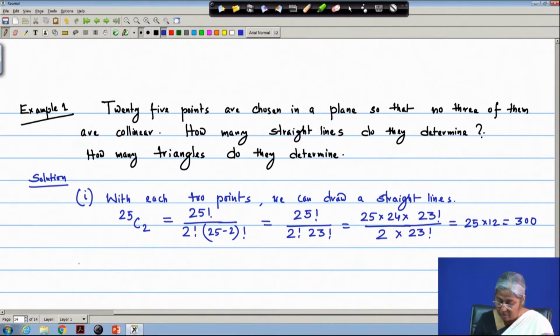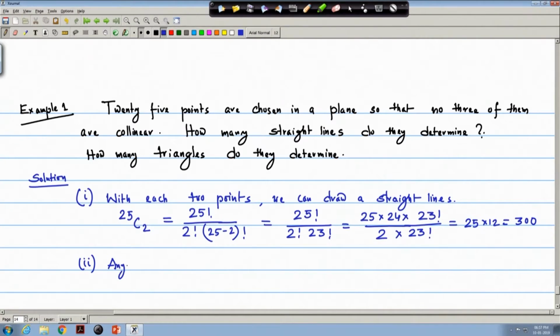Now, how many triangles can we draw? Since no 3 points are collinear, with any 3 points we can draw a triangle. So, I have 25 points and we have to choose any 3 points.